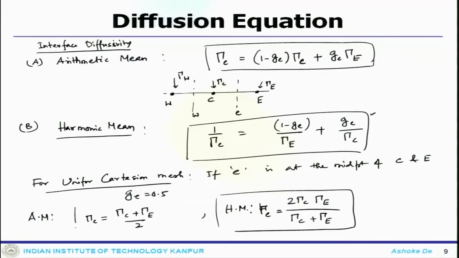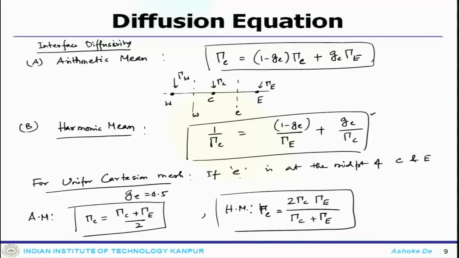So, this one can obtain if this interface lies in between element C and E, and that is only possible when that sits there in the halfway through.